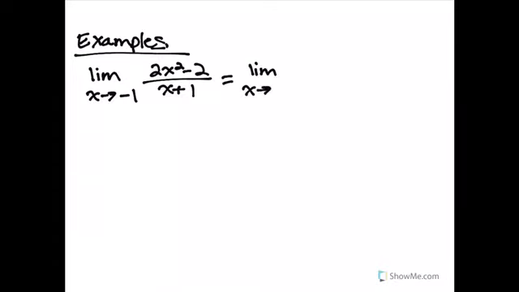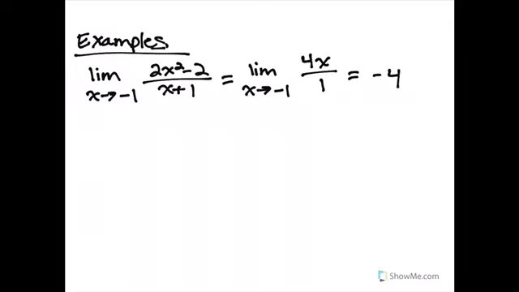So we're going to say it's the limit as x goes to -1 of the derivative of the numerator. What's the derivative of my numerator? 4x over the derivative of my denominator, 1. And so what do we get when we plug that in? -4.